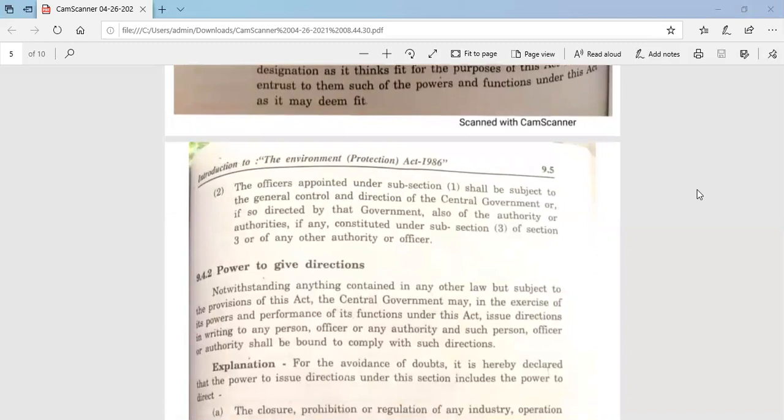Second, officers appointed under sub-section 1 shall be subject to the general control and direction of the central government, or if so directed by the government, also of the authority or authorities, if any, constituted under sub-section 3 of section 3, or any of the authority's officers.